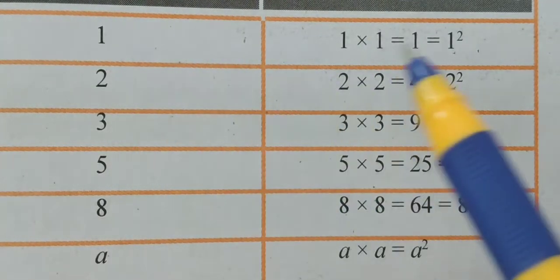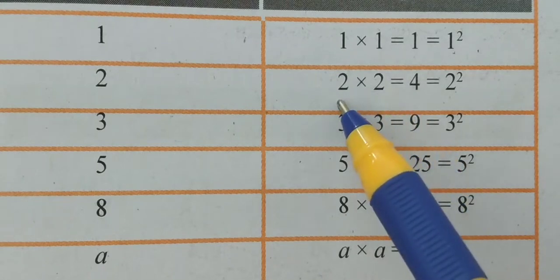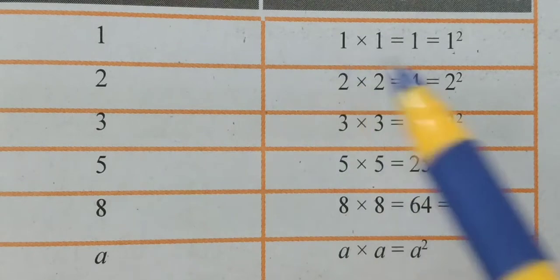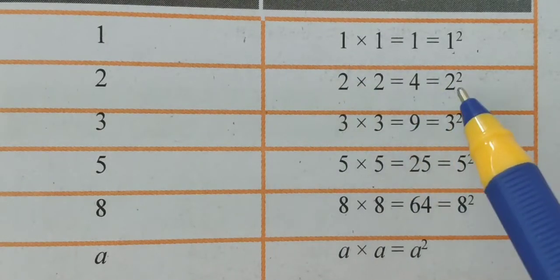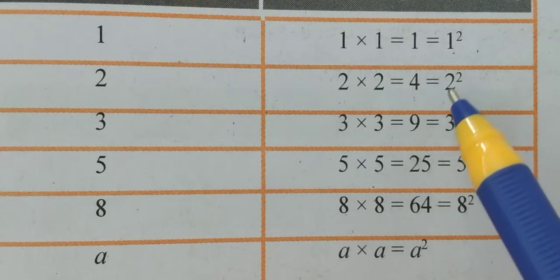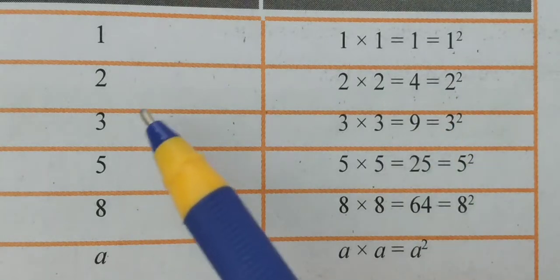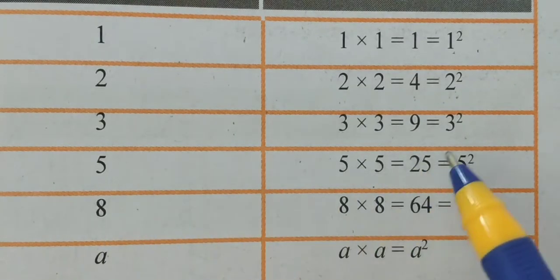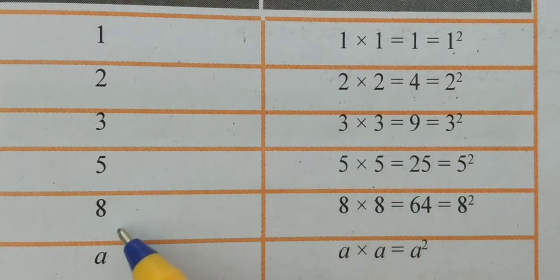Squaring 2 means 2 is multiplied with 2 twice, and what you get? 4. Square of 2 is 4, and that can be written like this in the power form: 2 raised to 2, or 2 square. 3 square is 9. 5 square is 25. 8 square is 64.